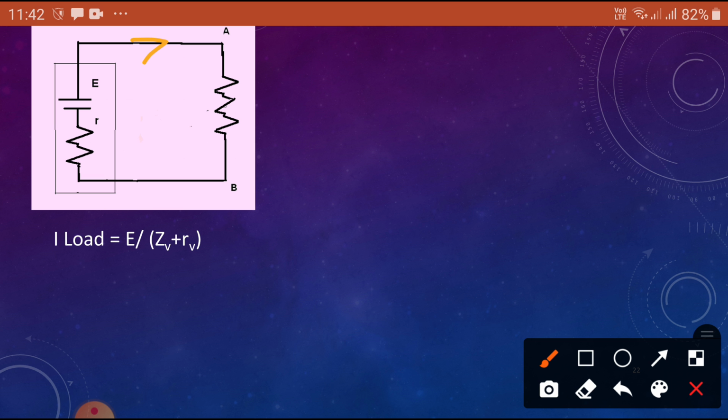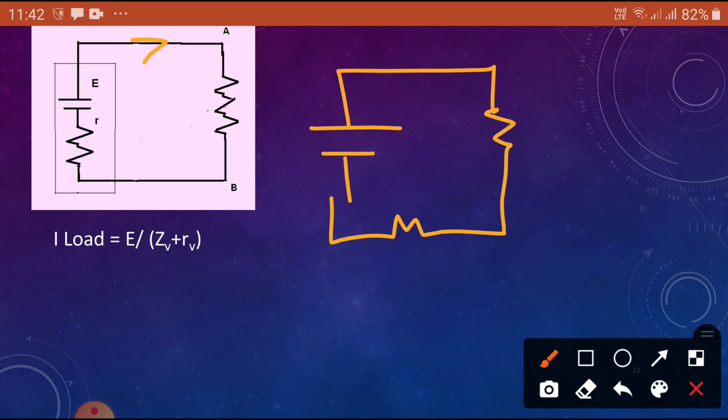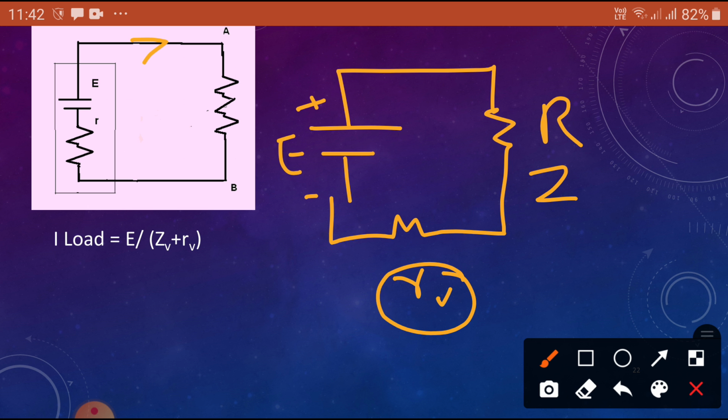So the total resistance, you can write it: this is the source resistance, small r or RV, and this is the load R, or we can say the impedance. We can write the internal impedance of the voltage source as ZV, and this is directly the load impedance.